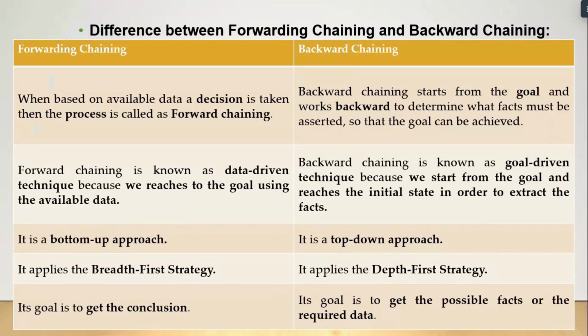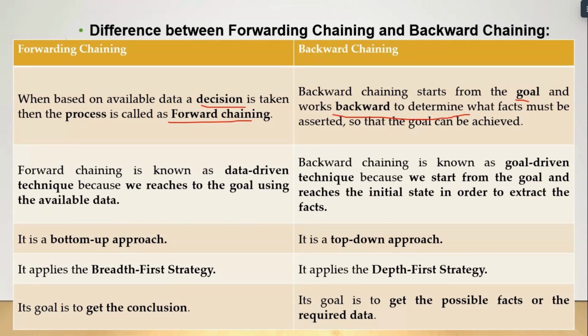So what is the difference between forward chaining and backward chaining? When a decision is taken based on the available data, the process is called forward chaining. Backward chaining starts from the goal state and goes backward to determine what facts must be asserted so that the goal can be achieved.